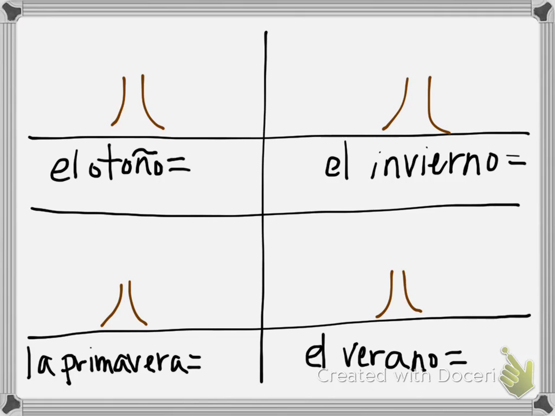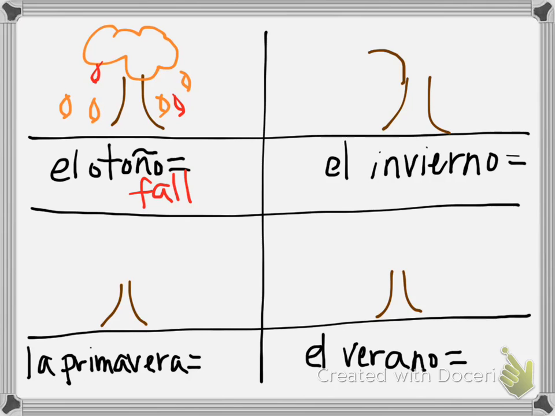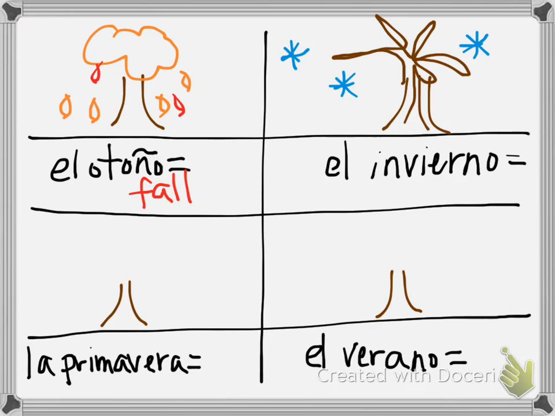So we have el otoño, and from the colors you might have already guessed that this is fall or autumn. Okay, we have el invierno, which is winter.